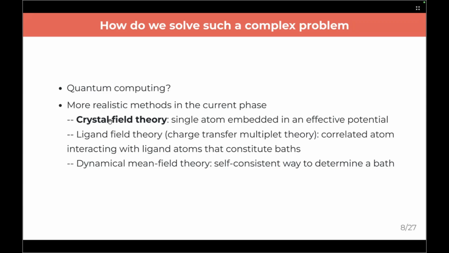On the other hand, we have, I would say, a more realistic method in the current phase: we can use crystal field theory. This theory assumes that a single atom is embedded in an effective potential. Going beyond crystal field theory, you can also appeal to the so-called ligand field theory, sometimes also called charge transfer multiplet theory.